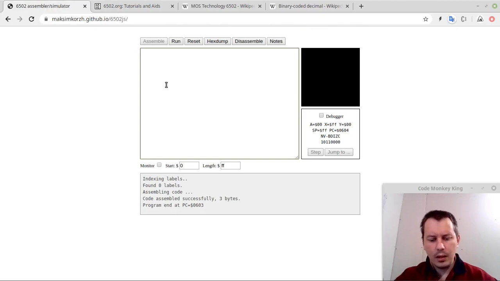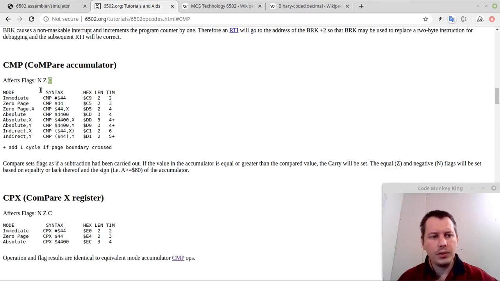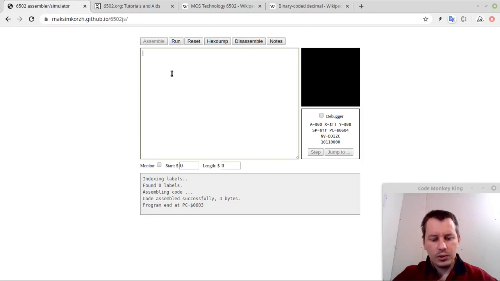So the very first flag to consider, let's start with the negative flag. For instance, I say to X, I want to load the value of 00, which it is by default actually, and I just want to say decrement X. If I assemble and run this in the debugger, what happens?